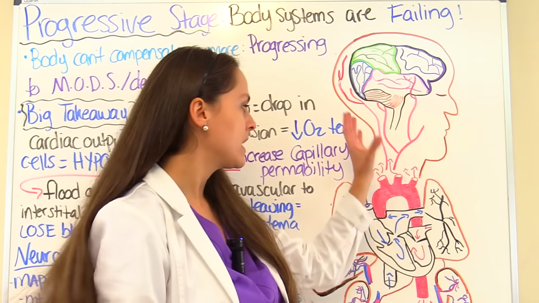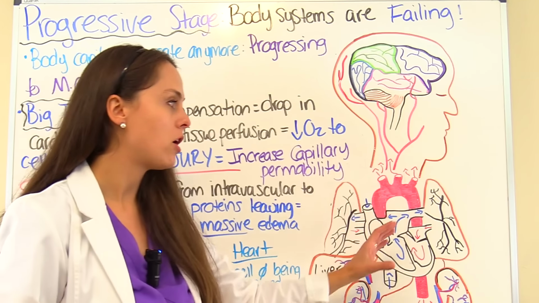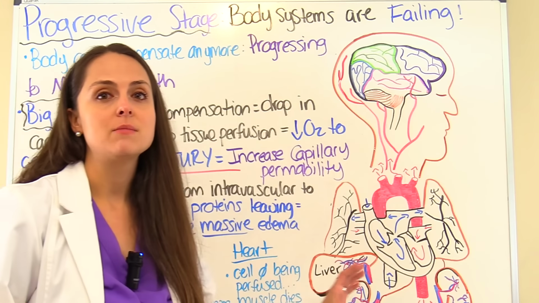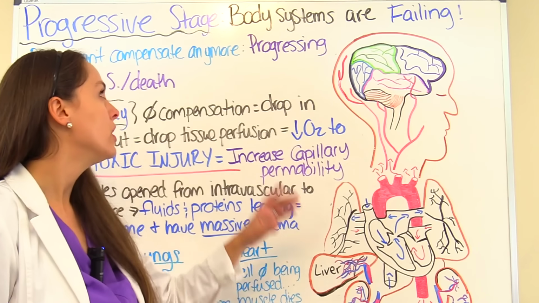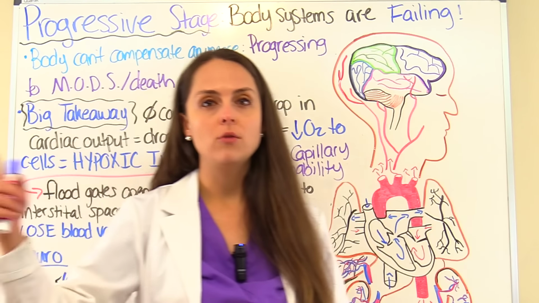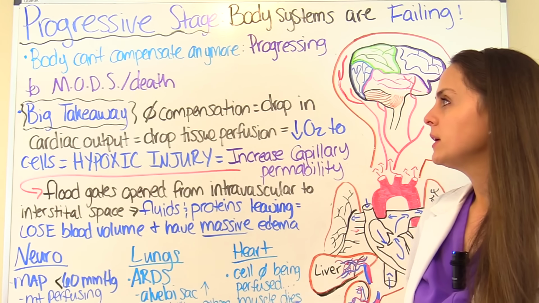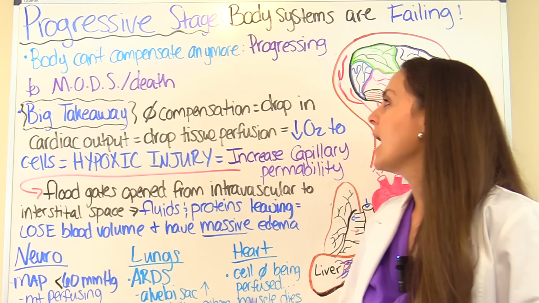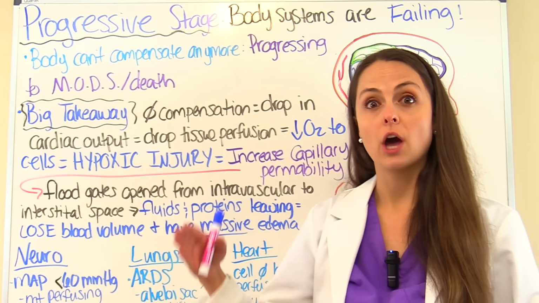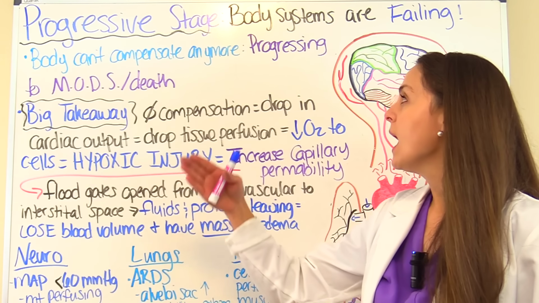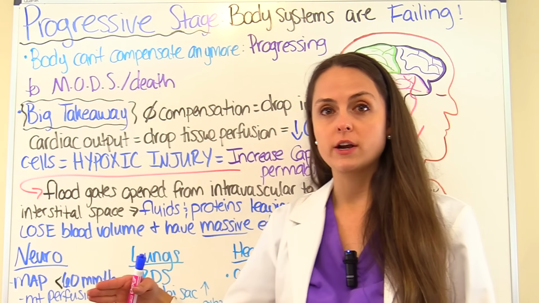All these organs right here, their cells are being deprived of oxygen, and every system is starting to shut down, which will progress to death, and that will be in our very last stage. So the big takeaway I want you to get from this stage is that we have no more compensation going on, which is leading to a complete drop in cardiac output.